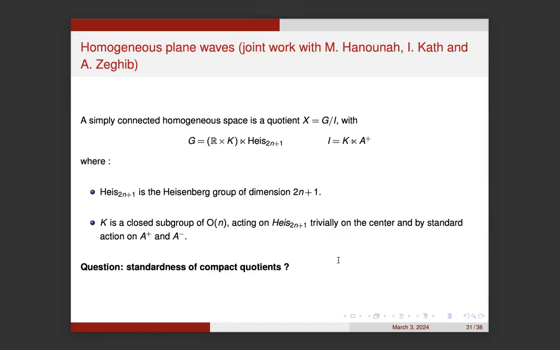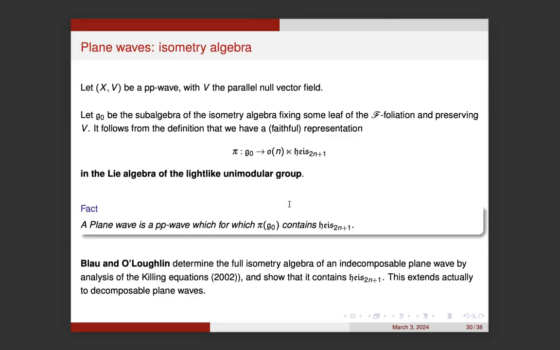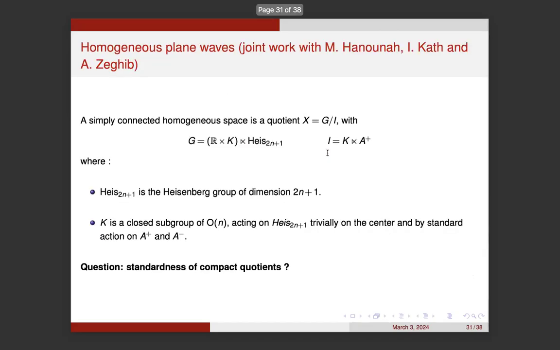Now, to study homogeneous plane waves, this is a joint work with Malik Anunay, Nascat, and Zegib. What we do first is to describe the isometry group. I said before that the isometry algebra contains the Heisenberg algebra of dimension 2n+1, and this is what we find here inside the isometry group.